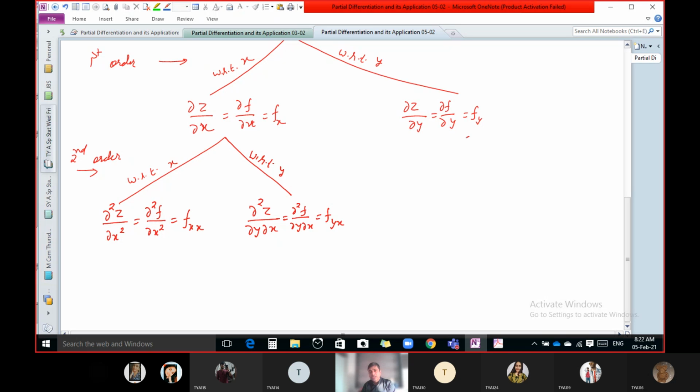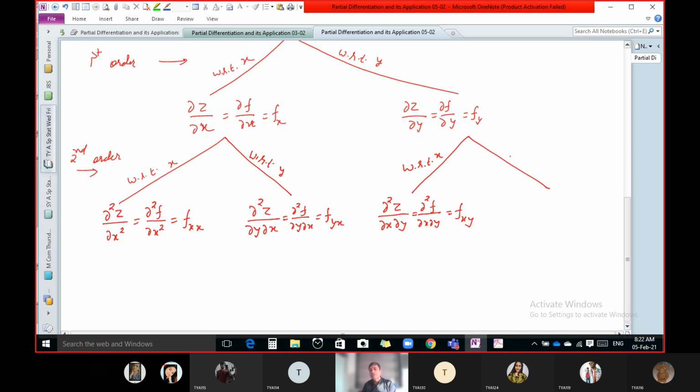Now if we differentiate this with respect to x, then it is delta square z upon delta x delta y, or another way delta square f upon delta x delta y, or simply fxy.